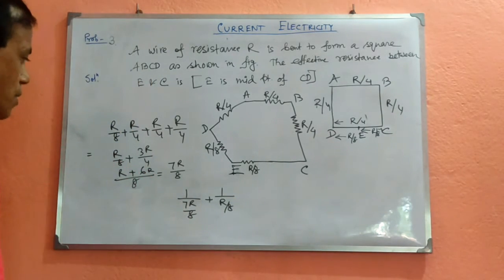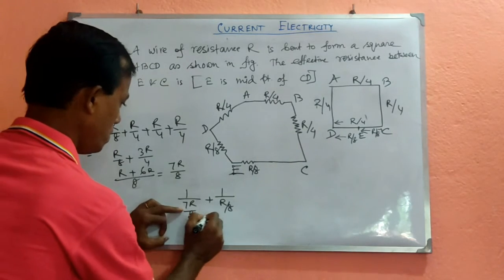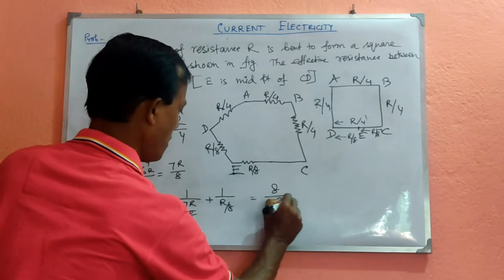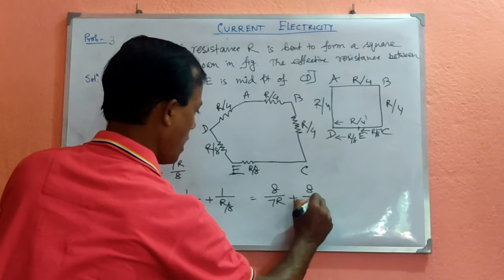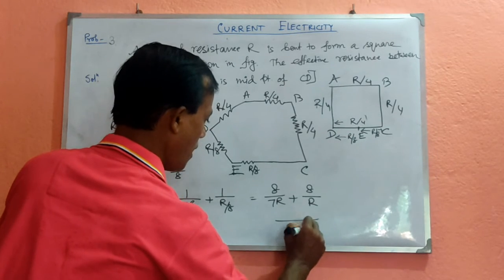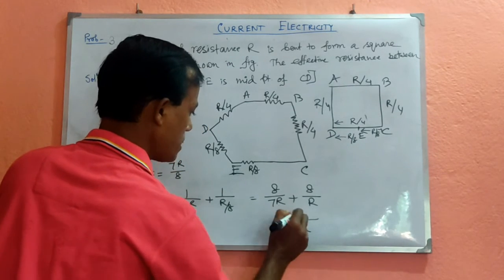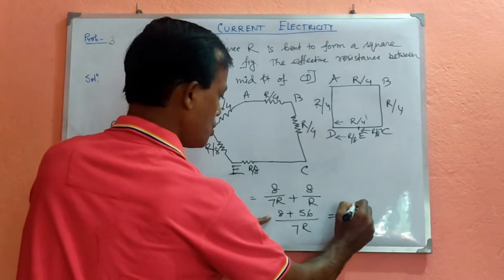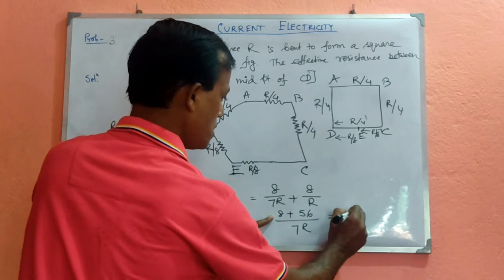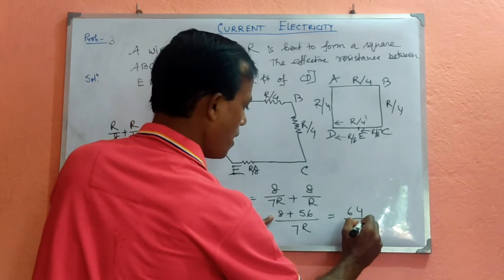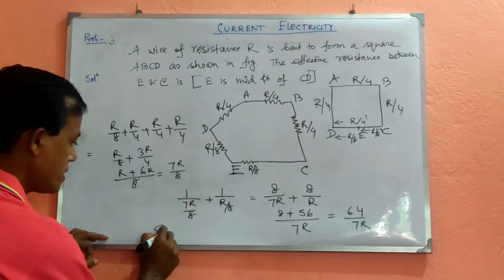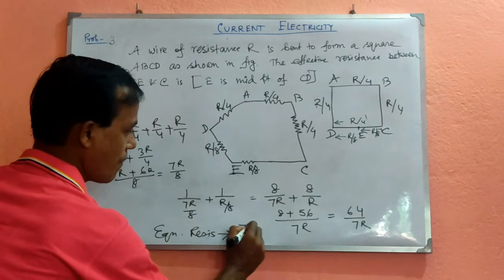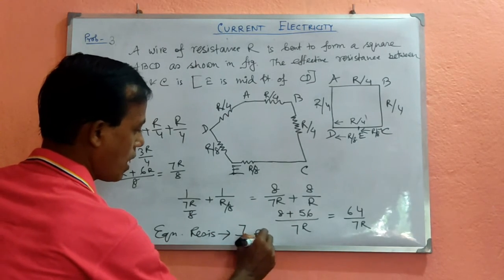Now it becomes 8 by 7R plus 8 by R. That is 8 plus 56, so 64 by 7R. So the equivalent resistance becomes 7 by 64 into R.